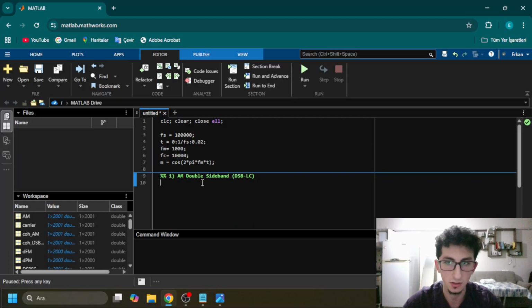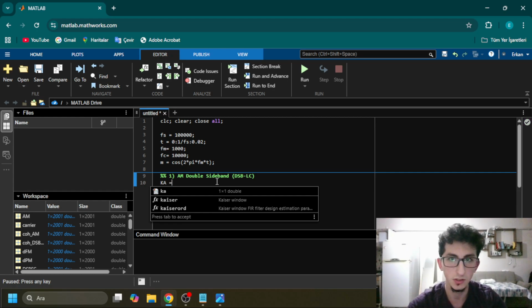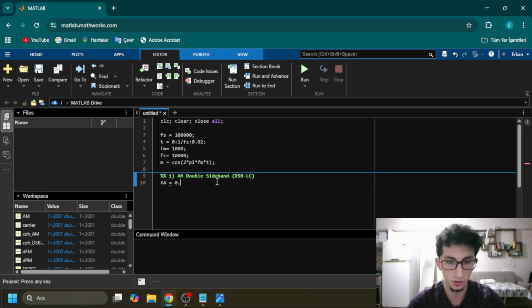The carrier signal is multiplied with the message added term to produce conventional AM. So we are gonna define our k equals to, as I said, 0.8, and it should not be capital. 0.8.